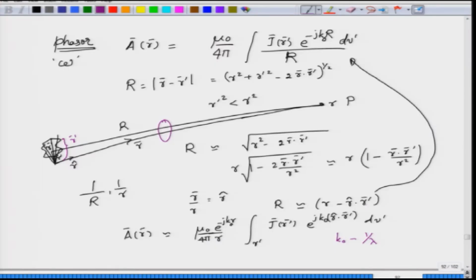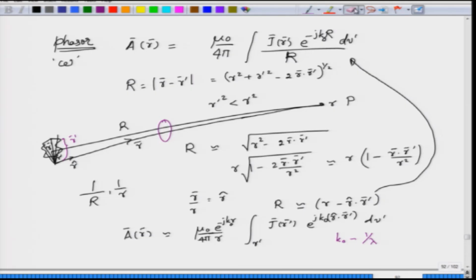So, even in that variation, your wavelength is quite small, and because 1 by lambda is large, it multiplies r dot r hat prime and can make that entire quantity comparable with respect to this small r. Therefore, we do not make this approximation in the numerator, but we make it in the denominator.